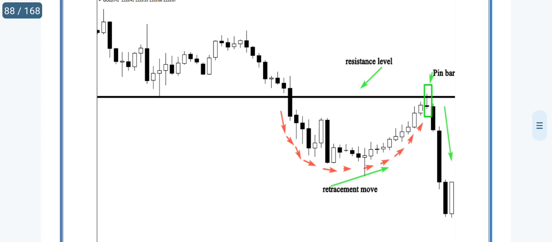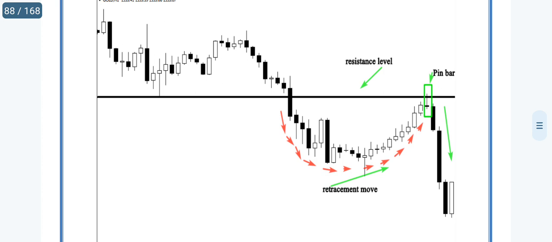and after forming a penny bar, it hits the resistance level as you are observing in the box that is highlighted in the green color, and at that point we are seeing that the market is reversing.